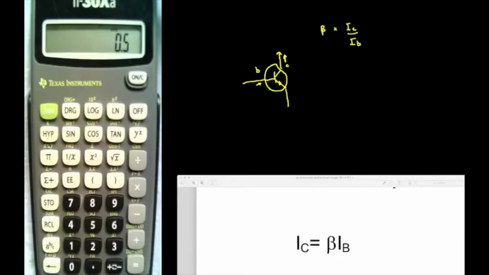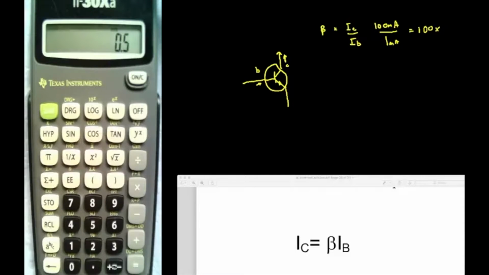So if you get, for example, 100 milliamps for 1 milliamp on the base, then your gain is 100 times. That's what beta is there. So beta equals IC over IB.